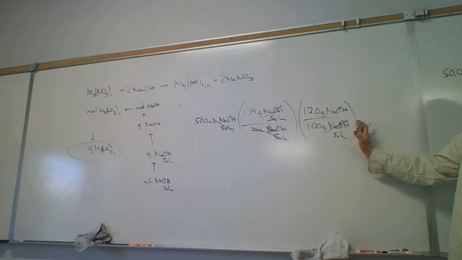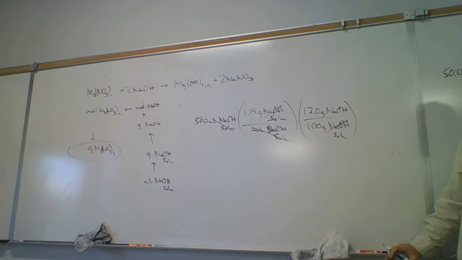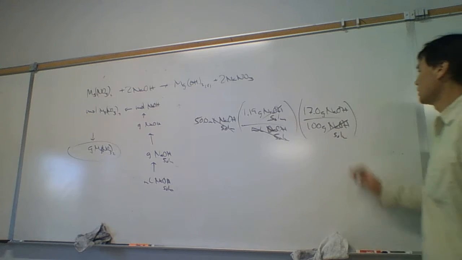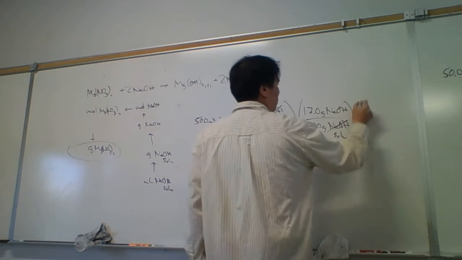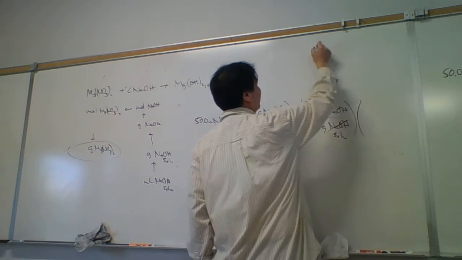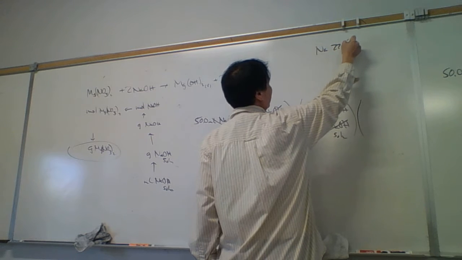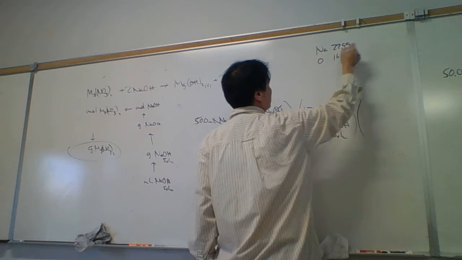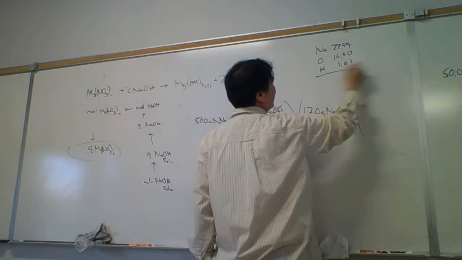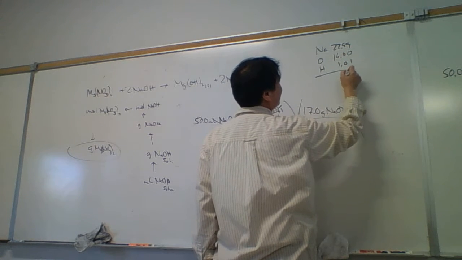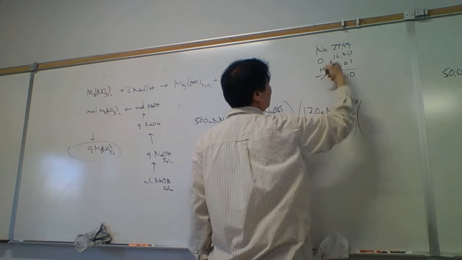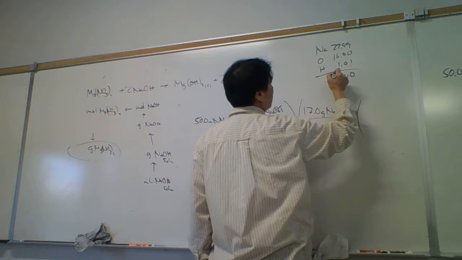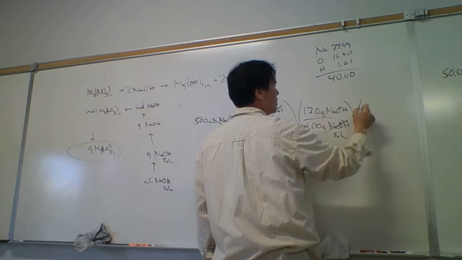If I stop here, that will tell me how many grams of pure sodium hydroxide are dissolved in that 50 milliliters. But I'm not going to stop here, because once we're here, I've got grams of A, so I'll go to moles of A. For sodium hydroxide, sodium is 22.99, oxygen 16.00, hydrogen is 1.01. So this is going to bring that up to 40.00.